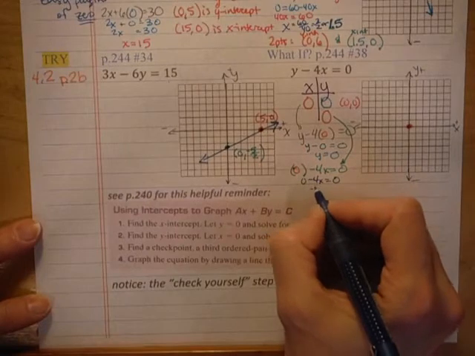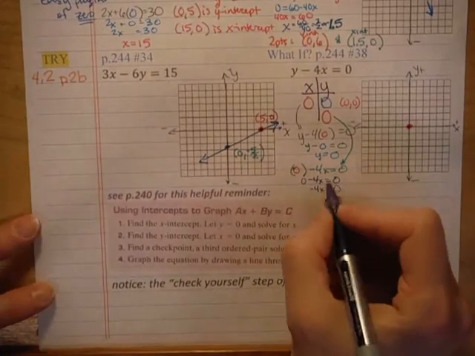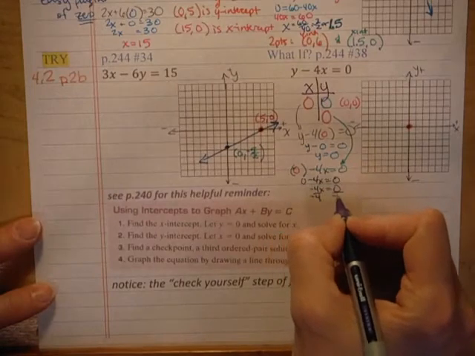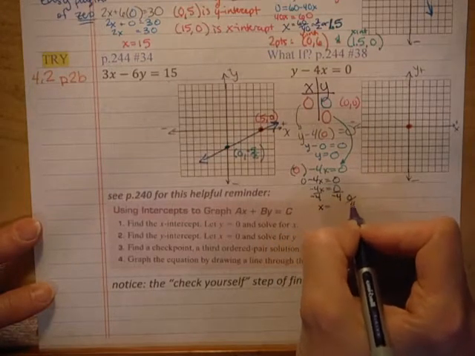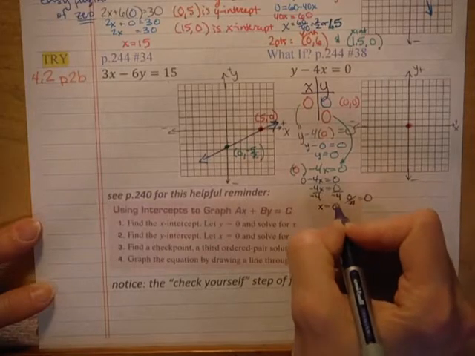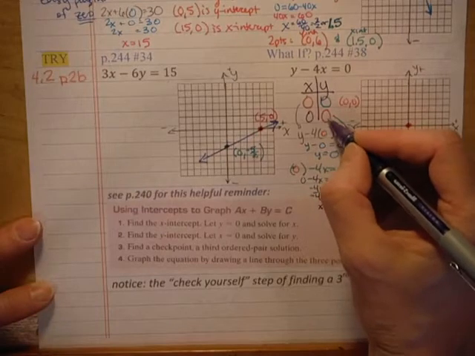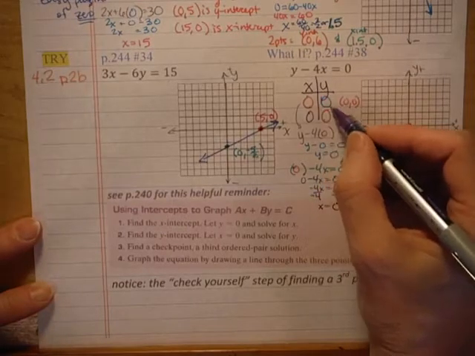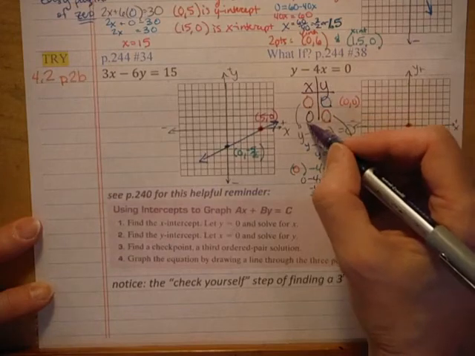The 0 falls out and you're just left with negative 4x equals 0. To get x by itself, we divide both sides by negative 4, and x is equal to 0, since 0 divided by any number is 0. So (0, 0) turns around and becomes (0, 0) again.